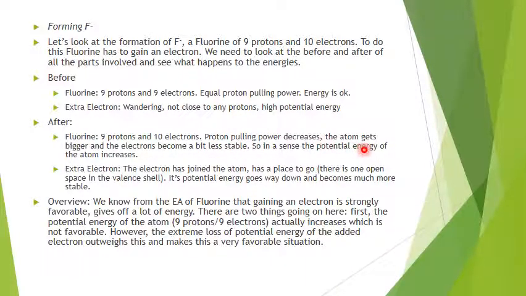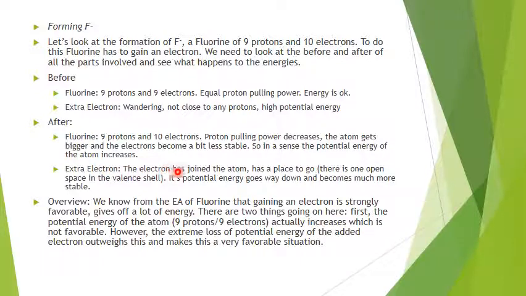So in a sense, the potential energy of the original atom has increased. Okay, so far it's not a good thing to gain this 1 electron because this has not actually released energy, it's actually increased its energy instead of decreased its potential energy. Alright, so let's see what happens to the electron.